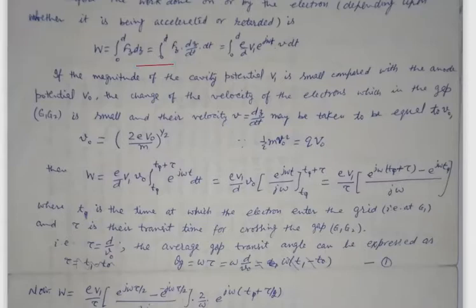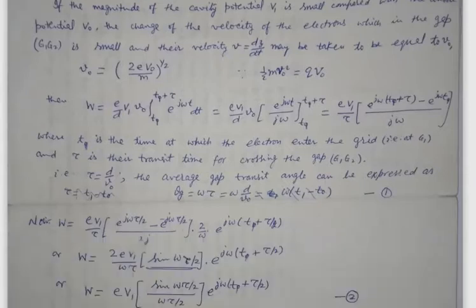So when we calculate it, it comes out to be e V1 over tau into e raised to the power j omega (t1 plus tau) minus e raised to the power j omega t1, upon j omega, where t1 is the time at which the electron enters the grid g1 and tau is the transit time for crossing the gap g1 g2. Therefore, the transit time tau is given by d over v0.